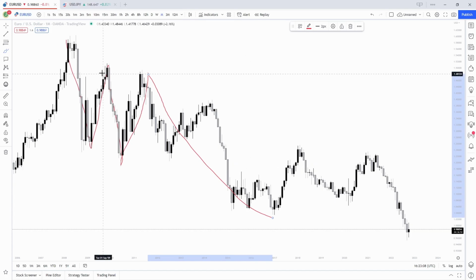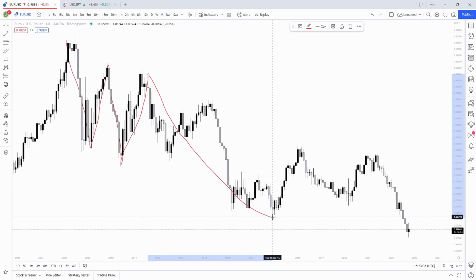That is because this move here did not come to break the previous low. In order for the move lower in a downtrend to be an impulsive wave, it has to break the previous low, therefore creating a new lower low. In this case, that singular move did not do that, which means this overall bit of structure here is the impulsive wave because it took that entire move to break the previous low.